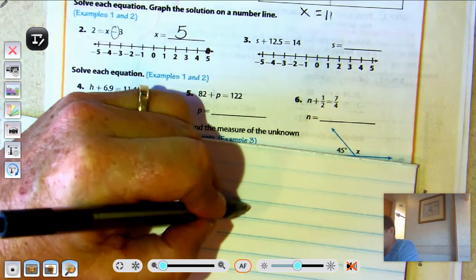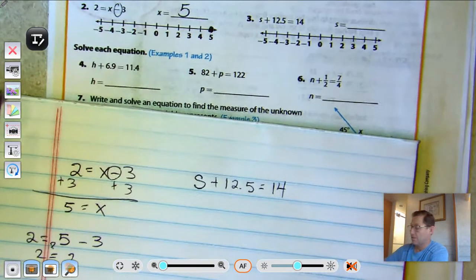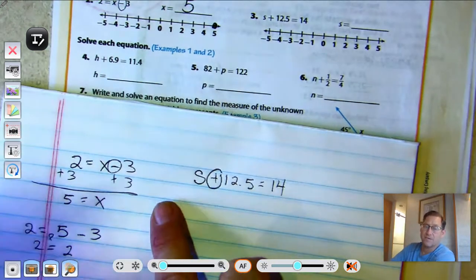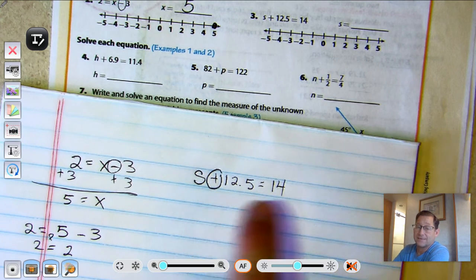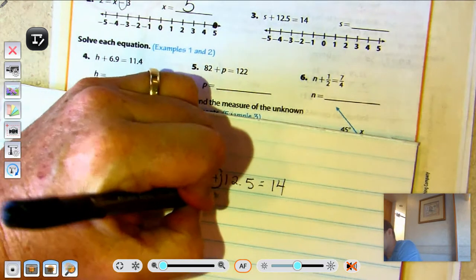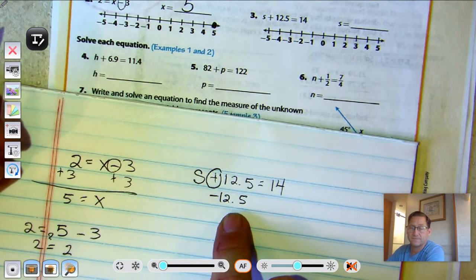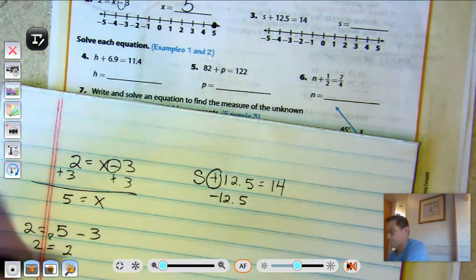All right, number 3. S plus 12 and a half equals 14. So we have 12 and a half added to some number. So if the equation has addition, we're going to do its inverse. We're going to subtract both sides. Okay, if I subtract 12 and a half from 12 and a half, that's going to give me 0.